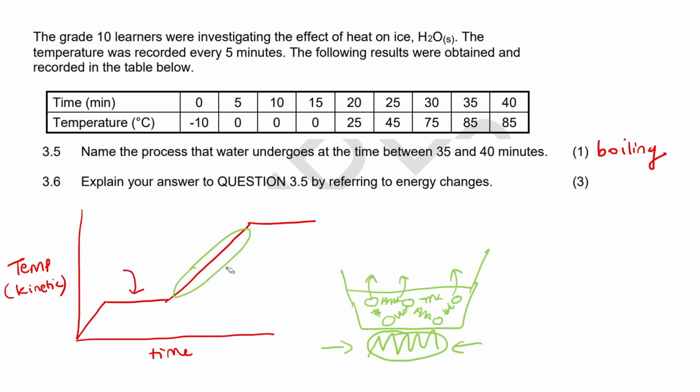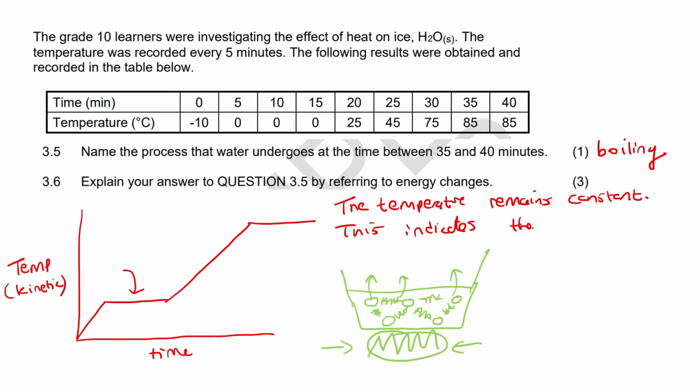Okay, so how do we answer this? It says, name the process that the water undergoes. So we said that was boiling. Now, how did we know that was boiling? Well, what we can see was that the temperature remains constant. This indicates that kinetic energy is constant.